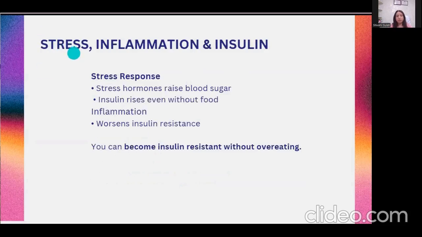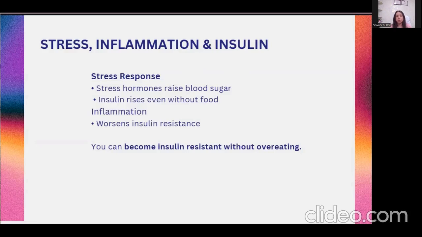Okay. So an important point to understand here is that food is not the only driver of insulin. Okay. Stress alone can raise your blood sugar levels. Okay. So when we are stressed, the body releases a stress hormone. Okay.